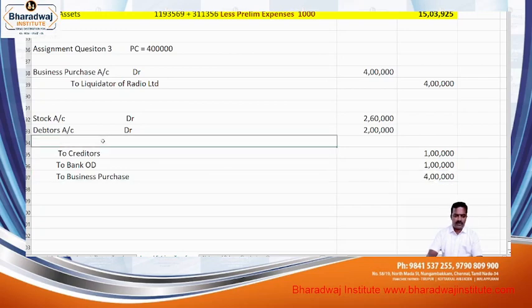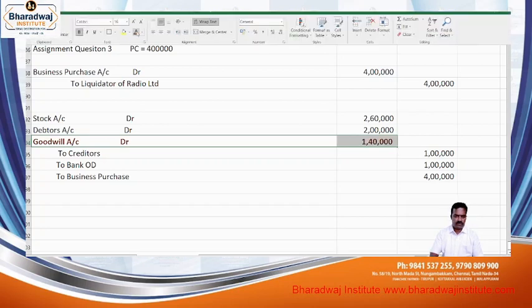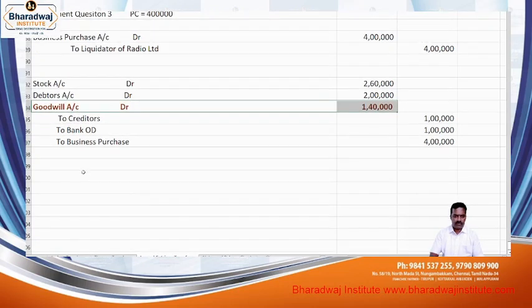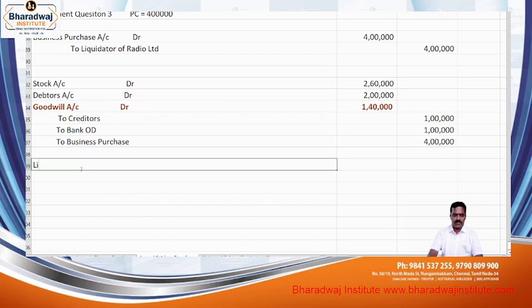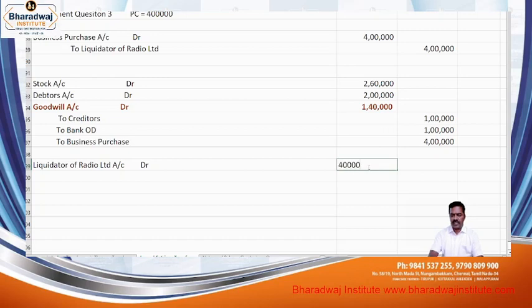The balancing figure will be goodwill, or what is the excess? 140,000. Settle the consideration. Liquidator of Radio Limited account debit 4 lakhs.